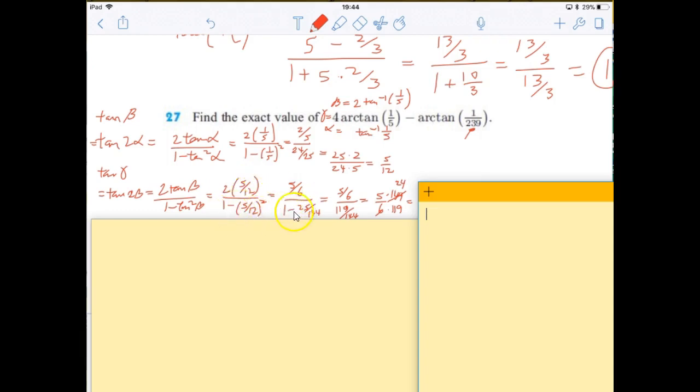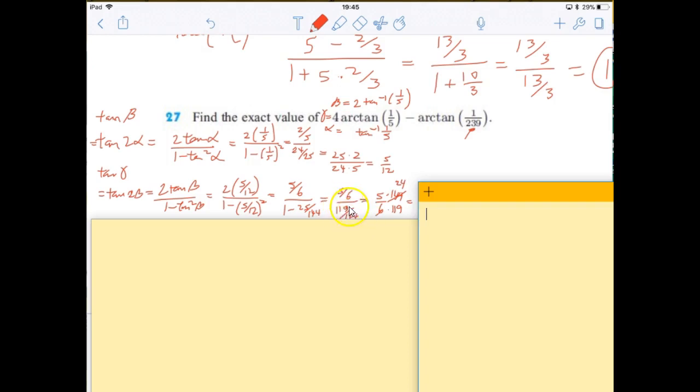The bottom becomes 1 minus 25 divided by 144 because 5 squared is 25 and 12 squared is 144. Then we do the subtraction on the bottom. It becomes 119 divided by 144 because 144 divided by 144 minus 25 divided by 144 is 119 divided by 144.